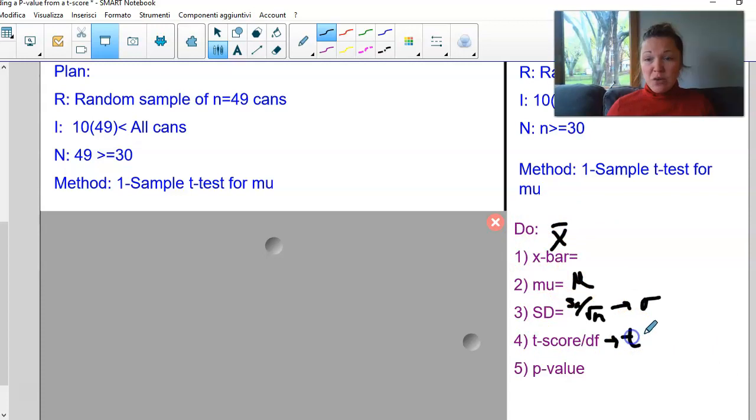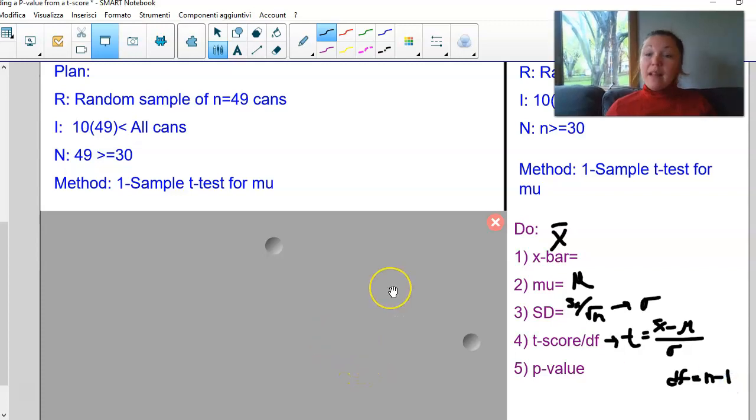So our t-score is equal to X bar minus the mu, okay, the mean of the distribution, divided by the standard deviation of the distribution. And I'm going to use that sigma there. And we use that t-score with degrees of freedom of n minus 1.